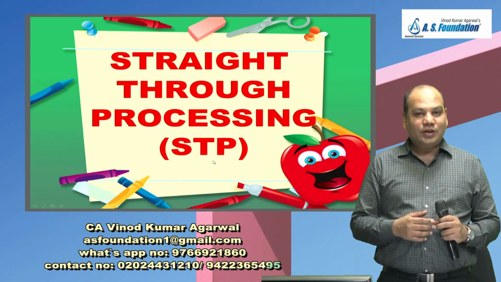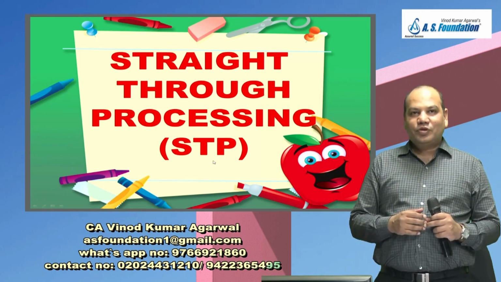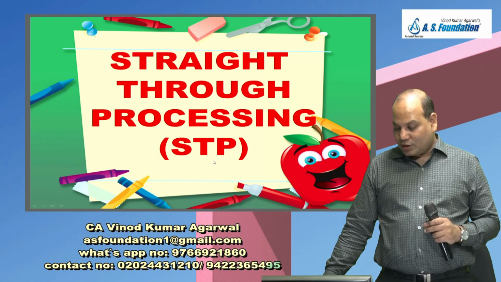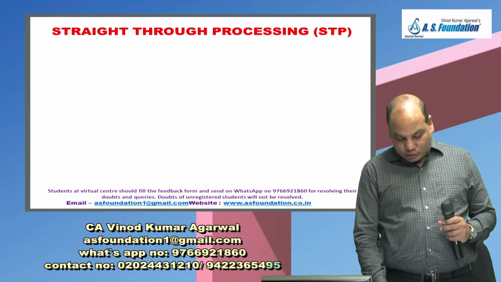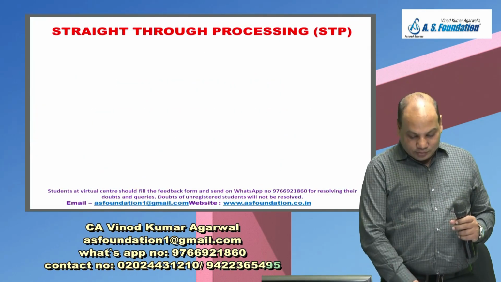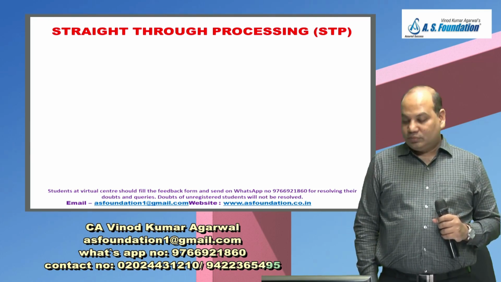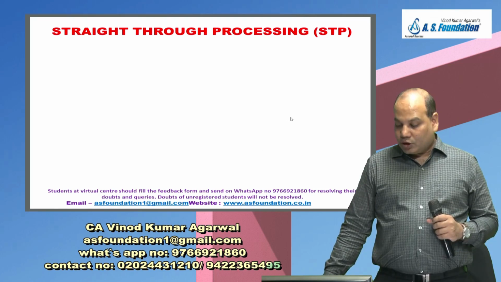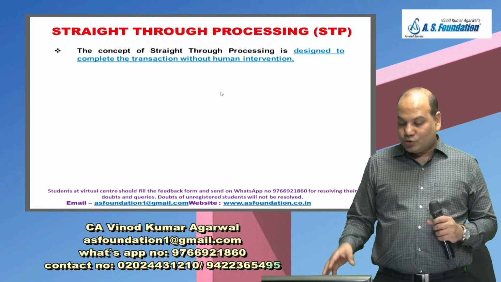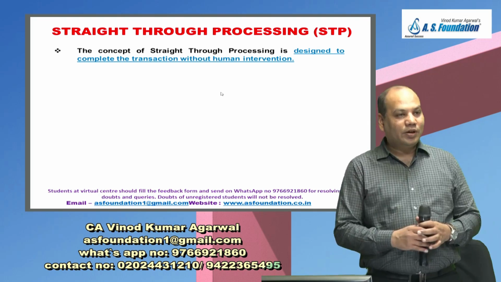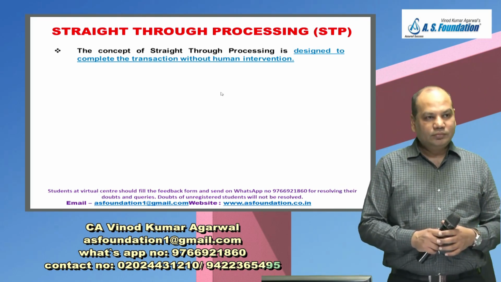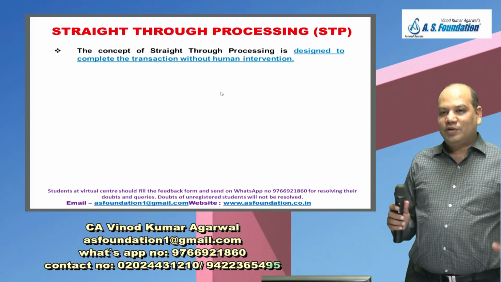Straight through processing, STP, tick mark. Now this is something really interesting and important. Whatever you have learned earlier will soon become outdated, because now so much technology has gone into the stock market that there is no human intervention.